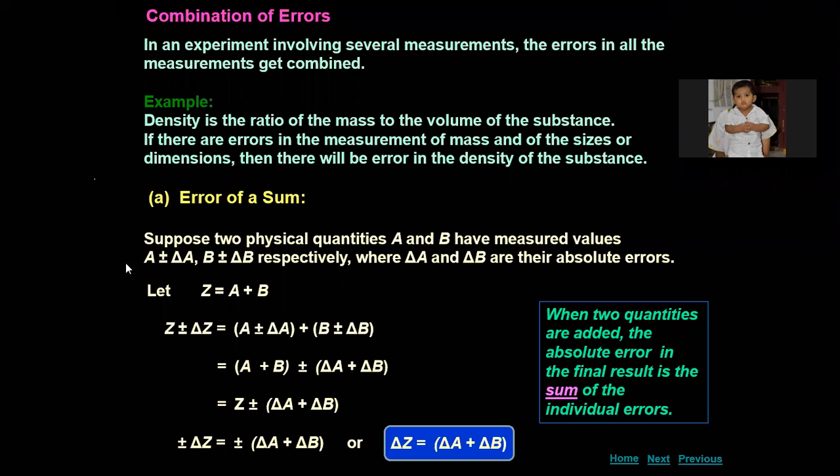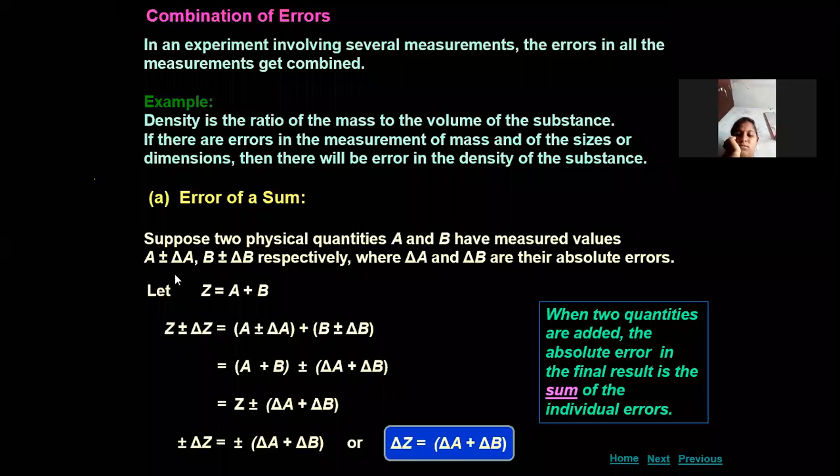Including error, I take the A measurement as A plus or minus delta A, and the B measurement as B plus or minus delta B. Why plus or minus? Because due to error, the actual value may increase or may decrease. That's the reason I am taking plus or minus over here.